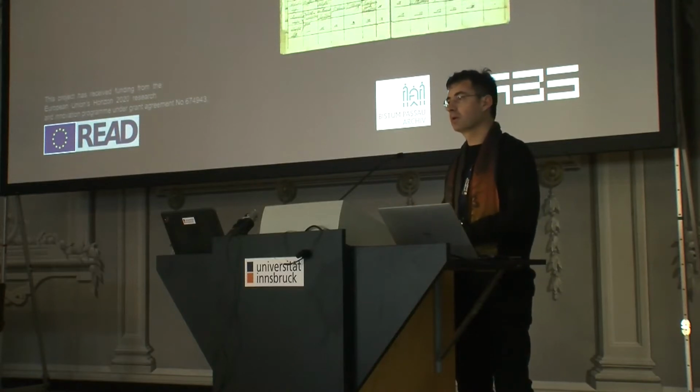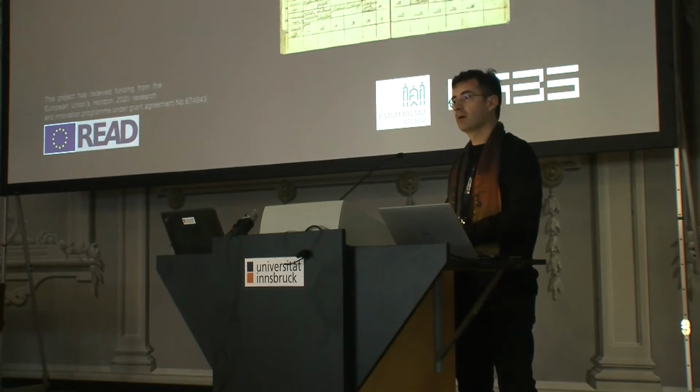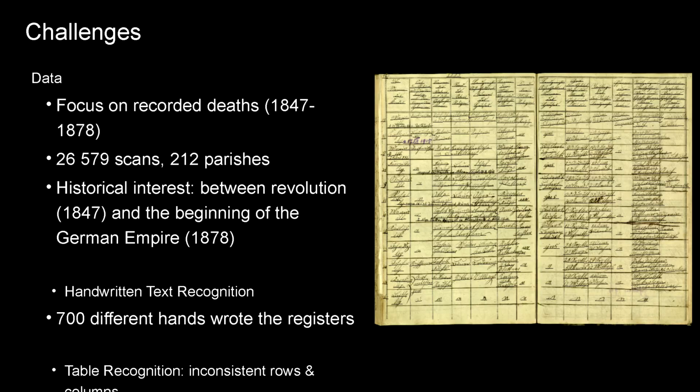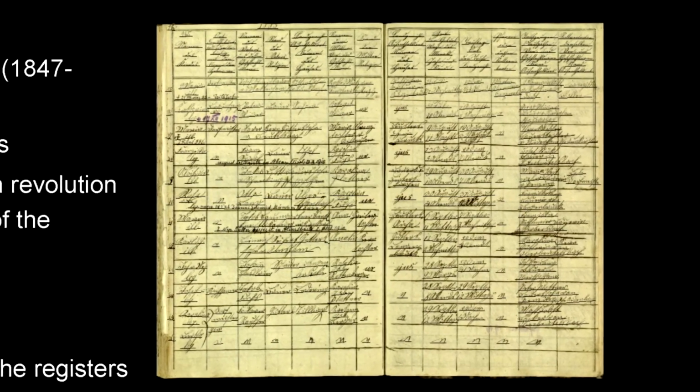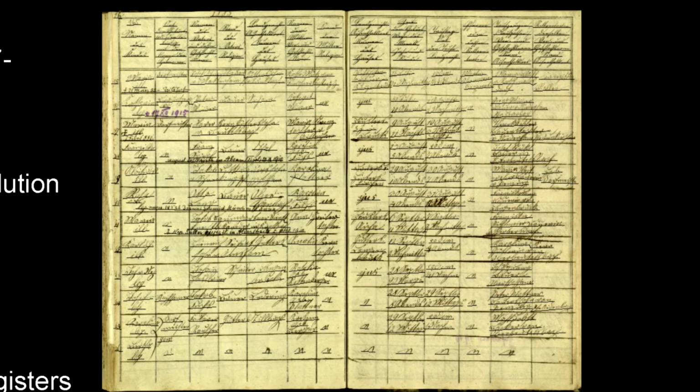We had a close collaboration with another partner, the archive of the Diocese of Passau, who provided us with what at that time was a nice collection, 20,000 pages of death records for a specific period which was of interest for them. The collection was mostly composed of tables and was fairly challenging.